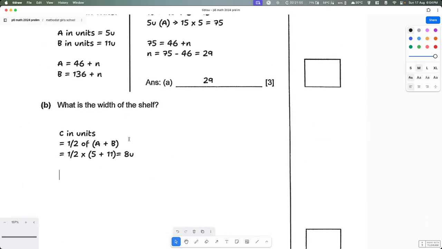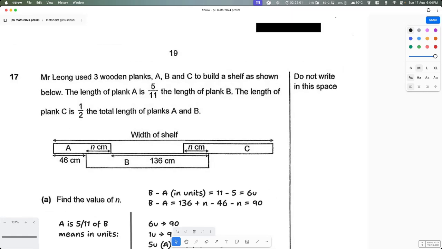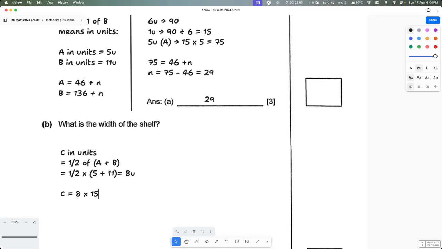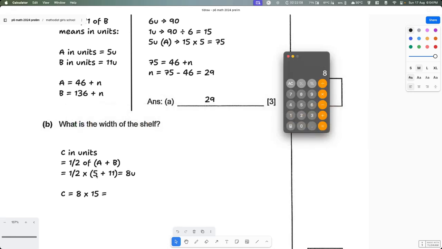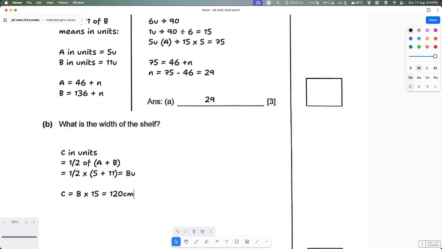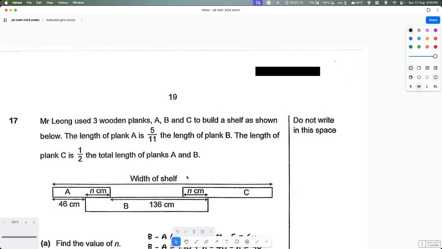So now we get C in units, which is 8 units. So C is equal to 8 times 15. Let's use our calculator. 8 times 15 should be 120. So 120 is this whole thing over here.